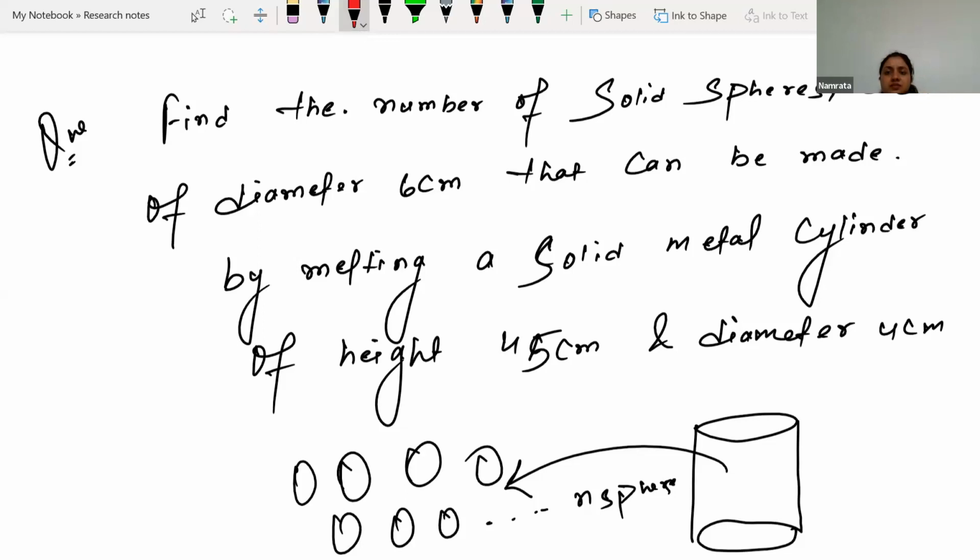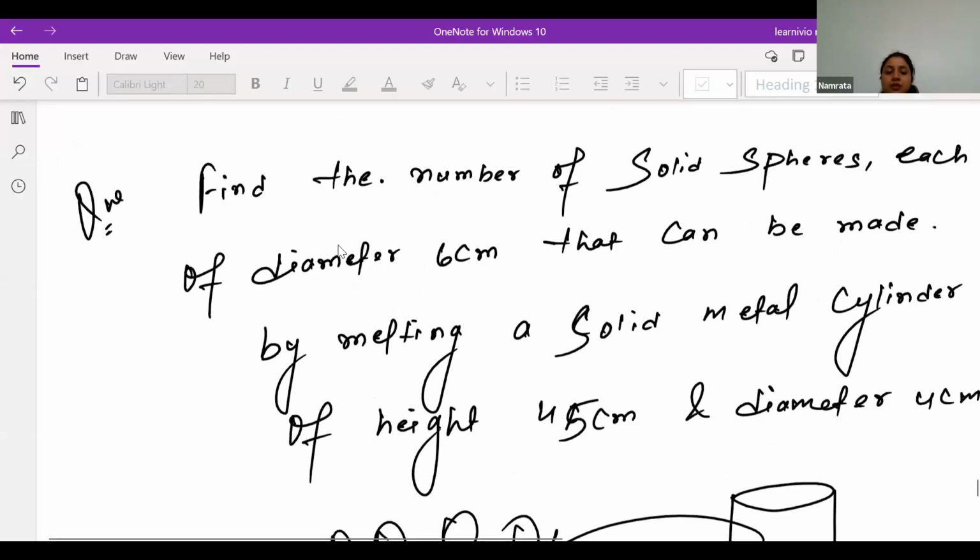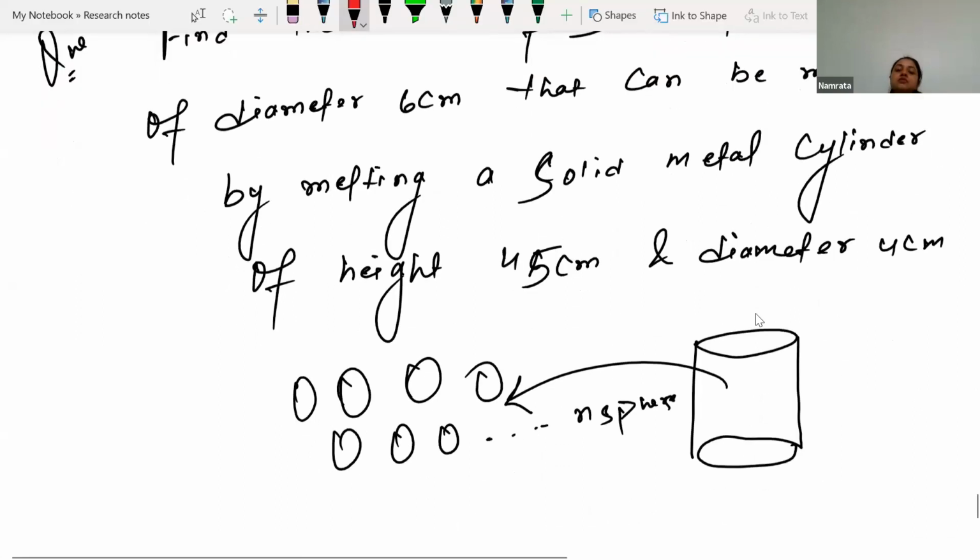Yeah, this is very simple. We are melting a bigger cylinder and the material which we are getting from there, out of that we are getting smaller spheres. So we have to find how many spheres we can make.